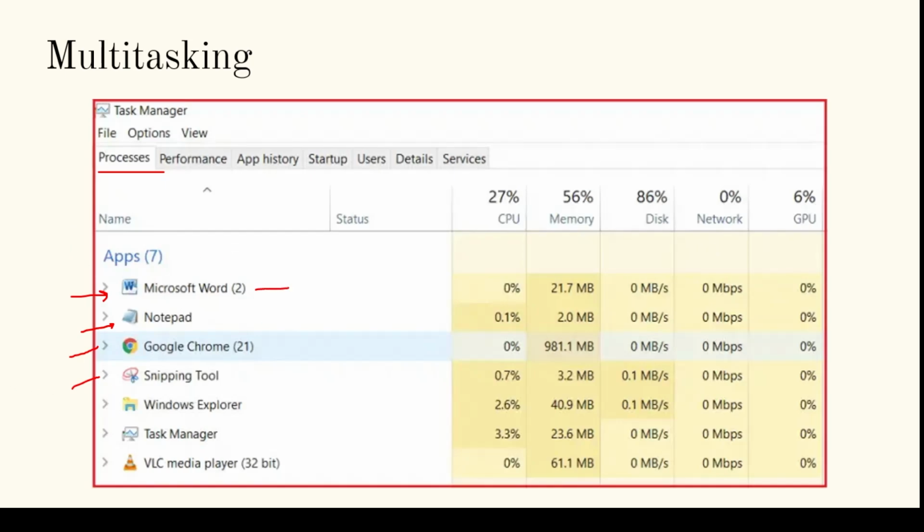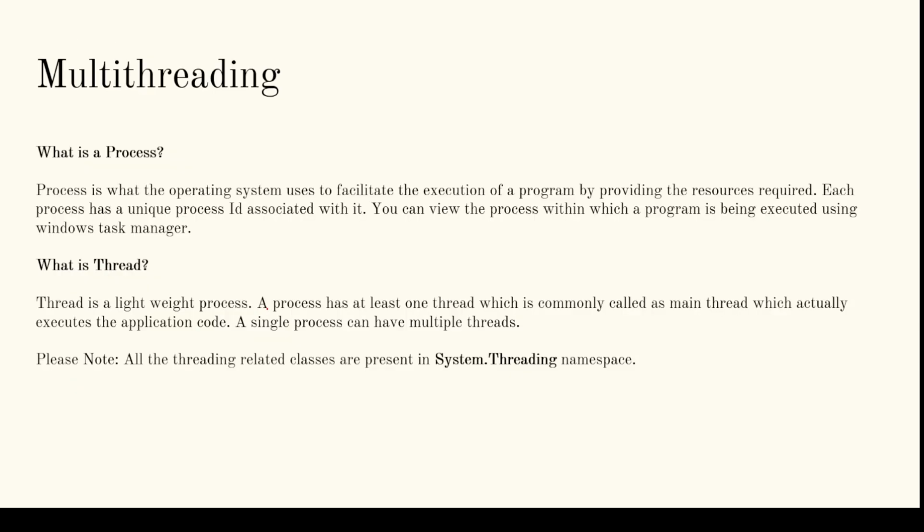So we can say a process is a part of the operating system that is responsible for executing the program or application. We can say process is the smallest unit of work in computer system execution, right? Because it facilitates the execution of the program by providing the resources required.